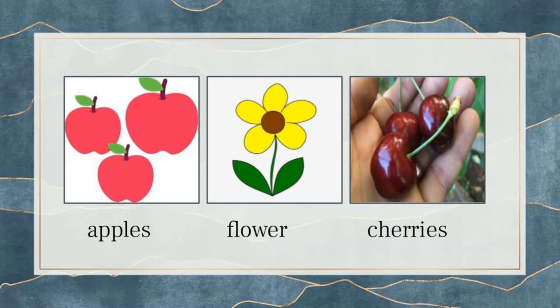How many cherries? 3 cherries are there. Okay, students, we know very well that these 3 pictures are nouns. That means apples, flower, and cherries. These 3 are nouns, and we can count these nouns. Yes or no? We can count the apples, we can count the flower, we can count the cherries.